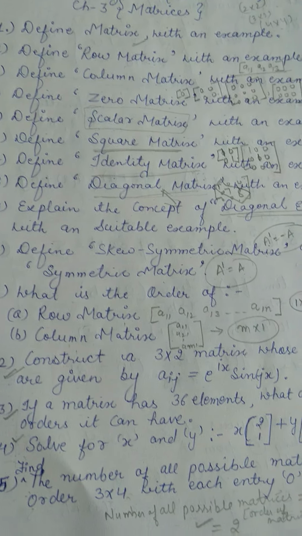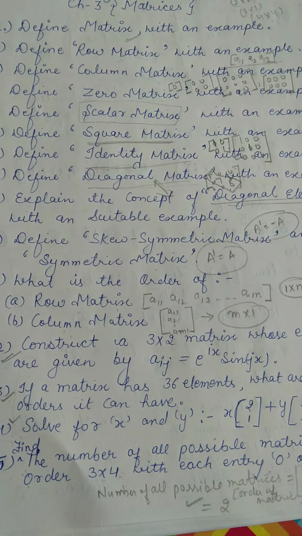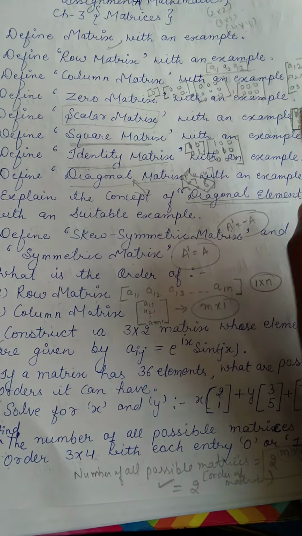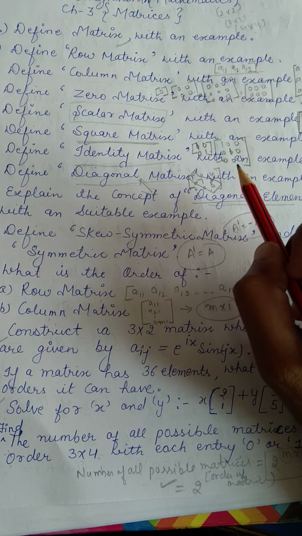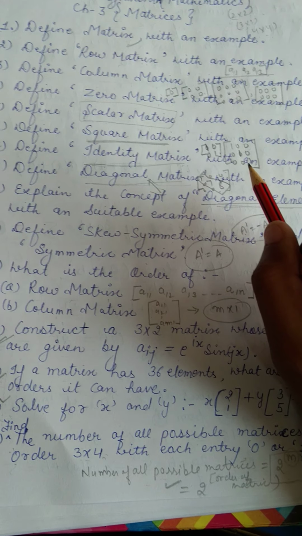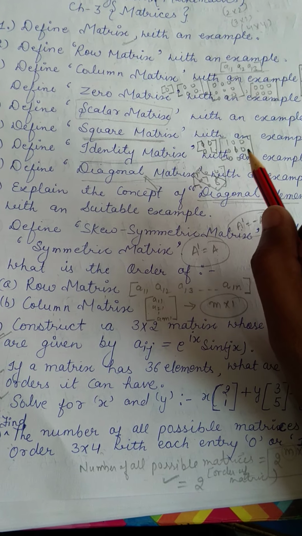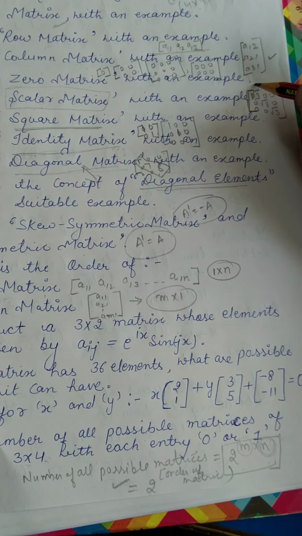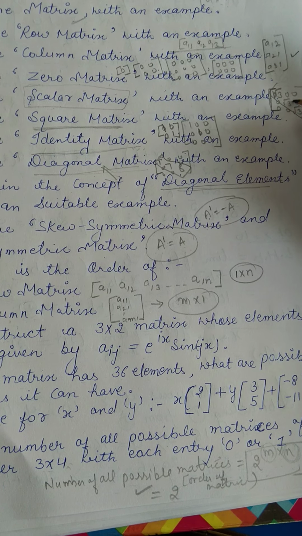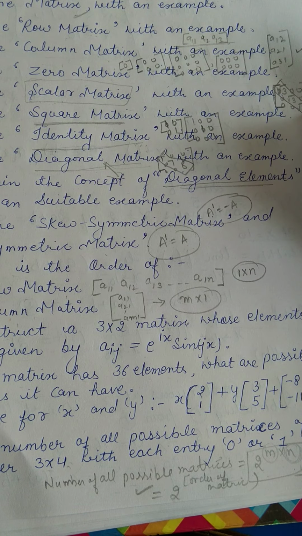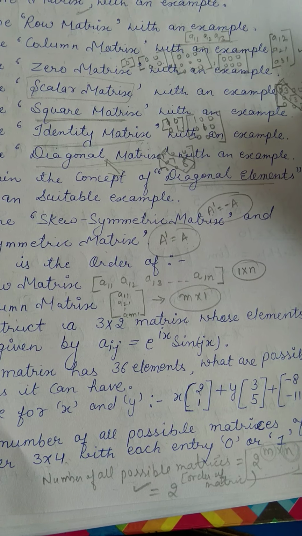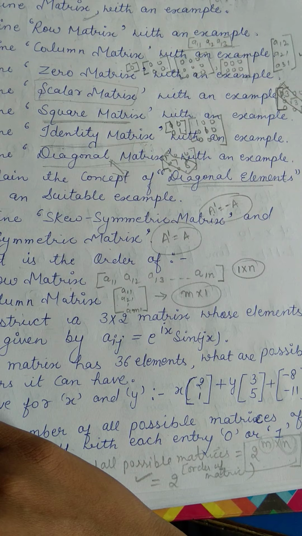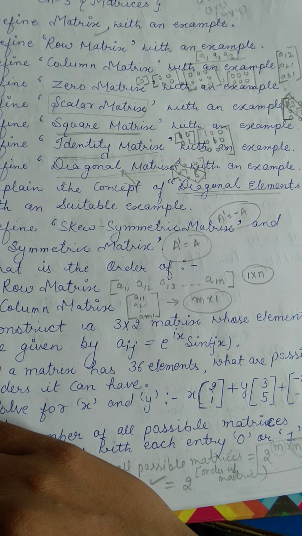Your scalar matrix is that type of square matrix which always has order like 2 into 2, 3 into 3, 4 into 4, and the main thing of this is, बच्चे, all the diagonal elements will always be the same and others will be zero. This is your scalar matrix.